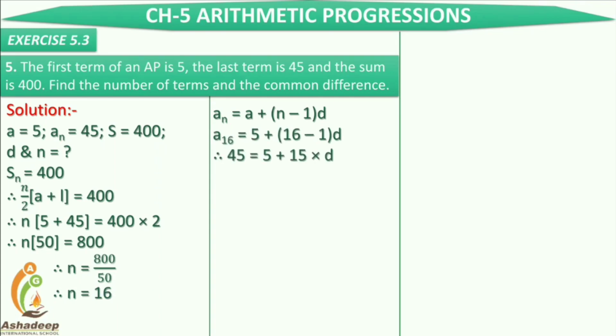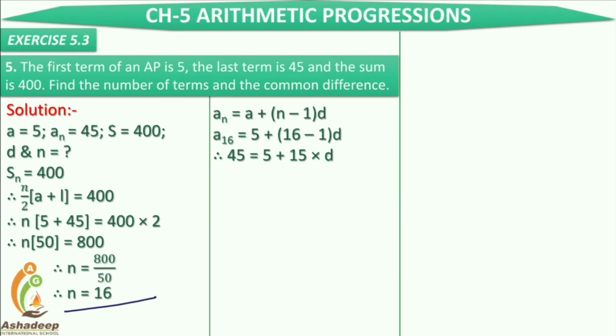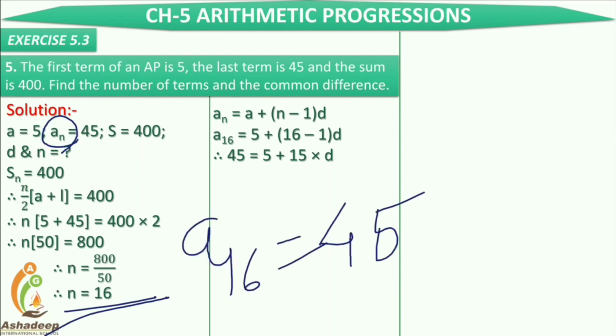Now put the values. A16 is equal to 45. Why 45? Because it is the last term, and the last term is the 16th. So An is equal to A16 is equal to 45, right? Once again, n is equal to 16, so put this n over here, so A16 is equal to 45, right?